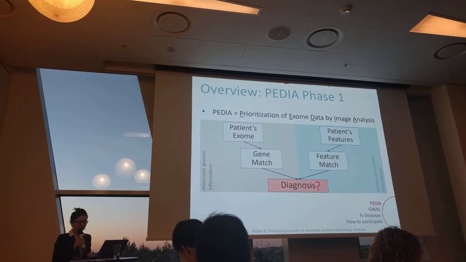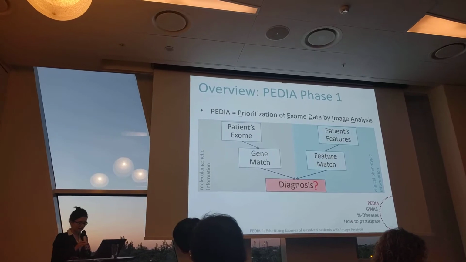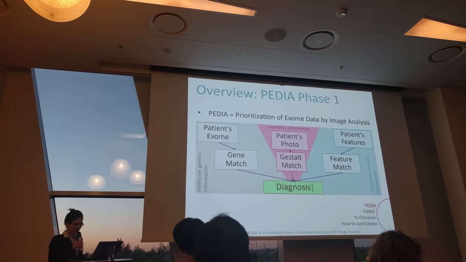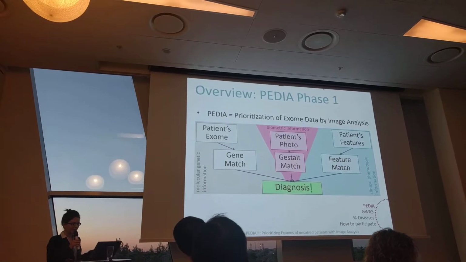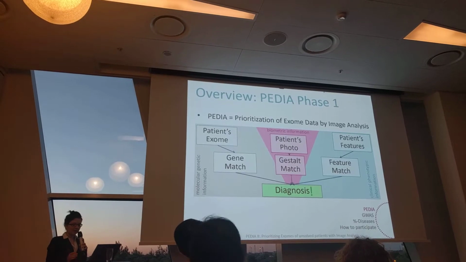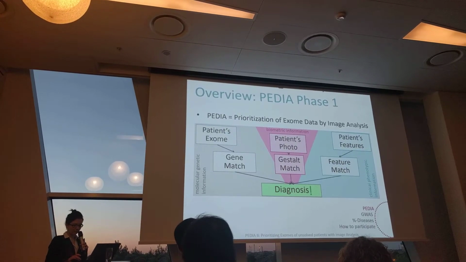Although these algorithms aren't bad at all, they can still be improved. And in PDIA, we use the Gestalt information by Face2Gene and add it to the workflow and test whether it improves the outcome.